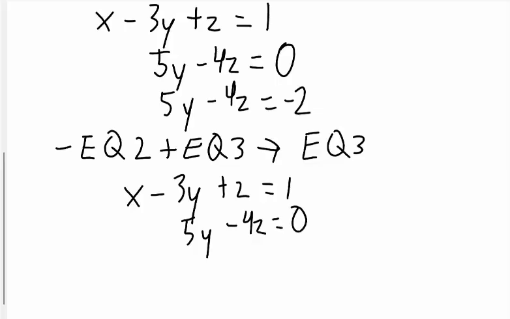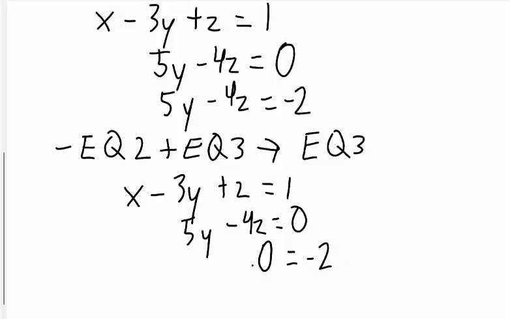Our third equation, so we're multiplying equation 2 by negative 1. Negative 5y and 5y cancel out. That turns to 4z. 4z and negative 4z cancel out. Let's just put a 0 there so we have something on this side. All right, negative 1 times 0 is still 0. 0 plus a negative 2 is negative 2.